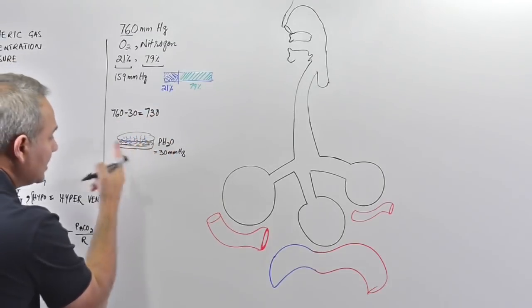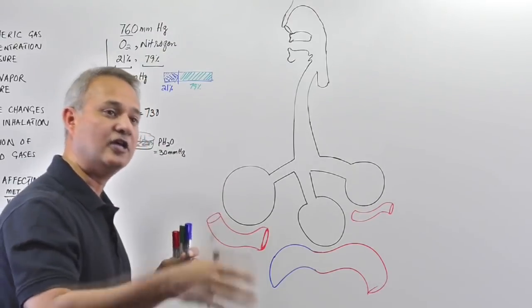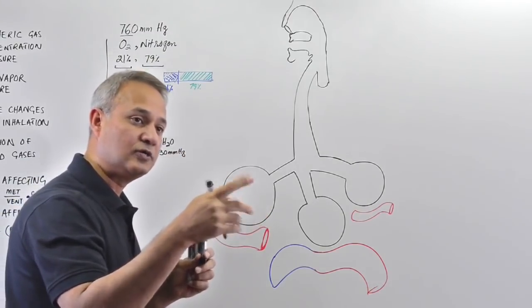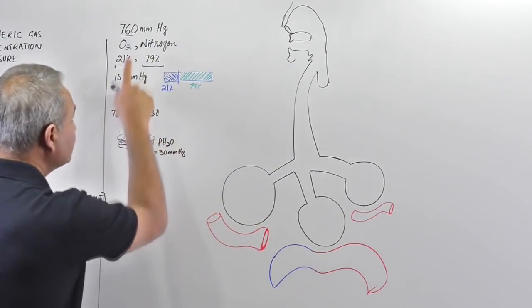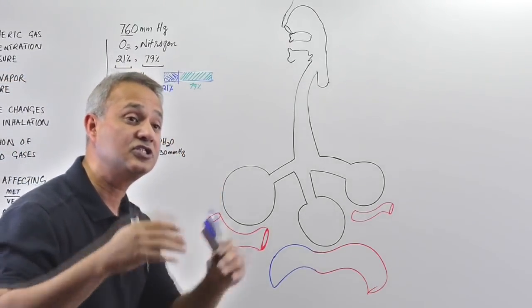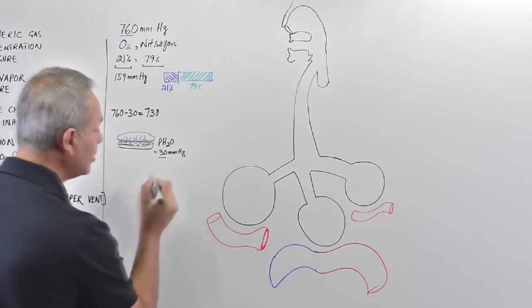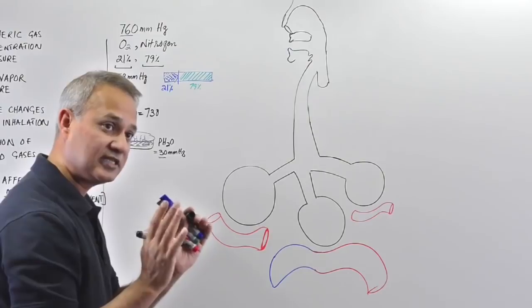So now right above the surface of the water, the atmospheric pressure has fallen to 730 because of the gases. Total pressure is still 760. Where is the rest of the pressure coming from? From the water. Total is still 760.